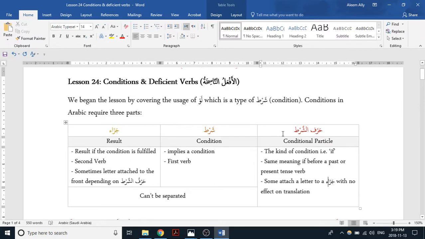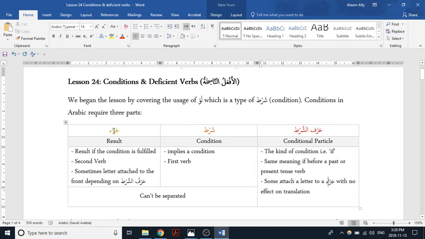So we're going to have harf, particle, verb 1, verb 2. Verb 2 is our result, and sometimes it can have a letter attached to the front, depending on the harfu shart. So we said law can sometimes come with a lam in some cases.